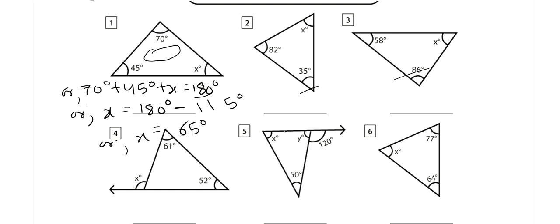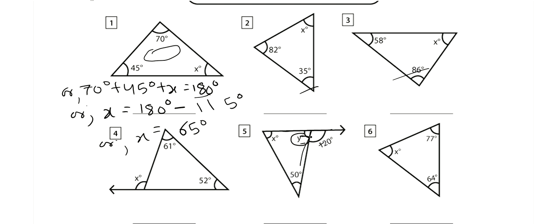In this question, you have a straight line, and on the straight line you have 120 degrees and a y. So first you have to find the value of y. To find the value of y, you must understand that y and 120 degrees are supplementary angles. What is a supplementary angle? If you don't know, please watch my previous video related to complementary and supplementary angles.